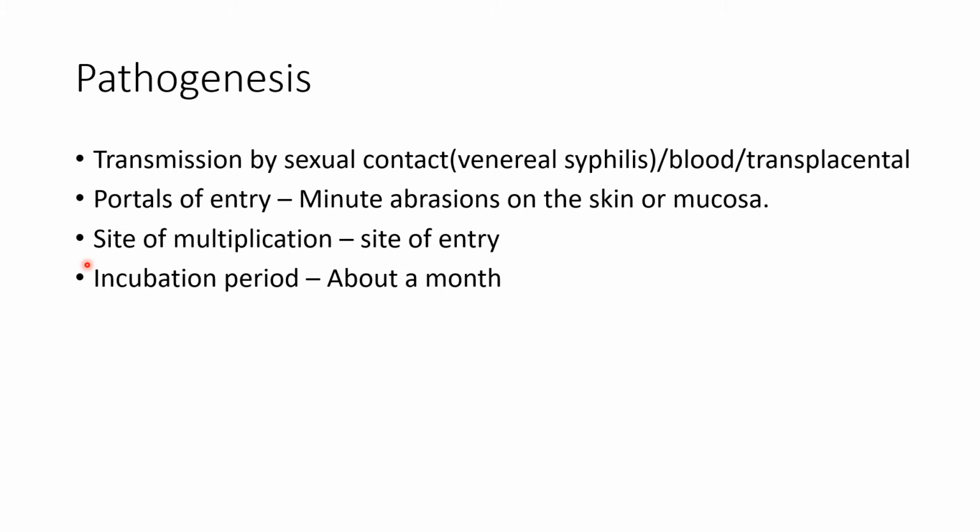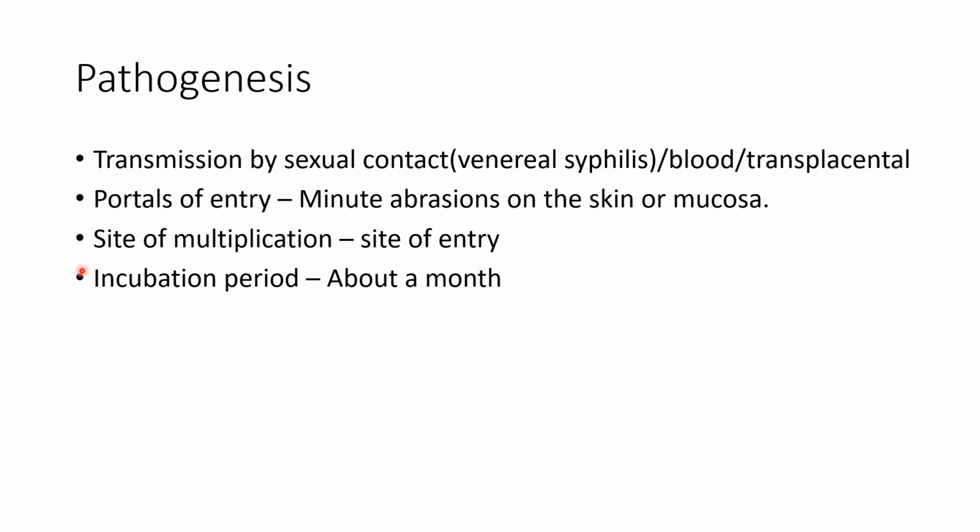Usually the site of multiplication will be the same as the site of entry. Wherever the entry happened, it stays there and the infection first causes disease there. It's only if you don't treat the patient on time that it can get spread to other parts. Otherwise, the usual primary infection is at the site of entry.